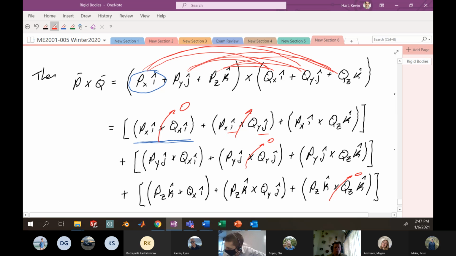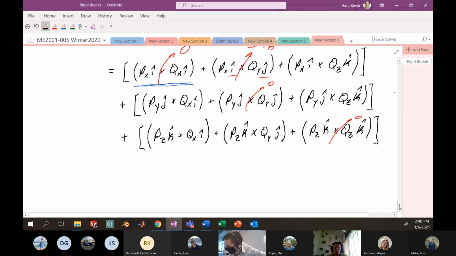So the resultant will be something in positive k hat. And namely, it will be Px multiplied by Qy in positive k, by our magnitude rules for cross products. So we can go through this whole ordeal, and you'll ultimately end up with the following.